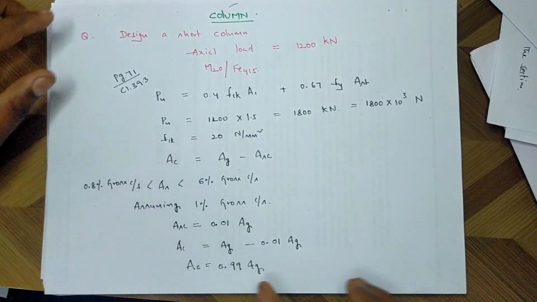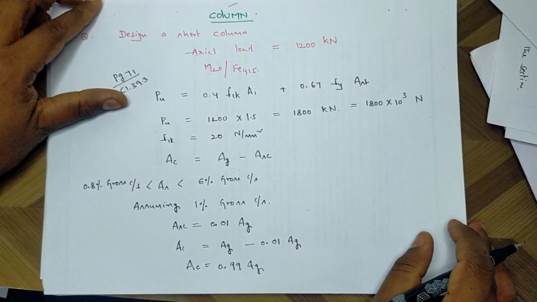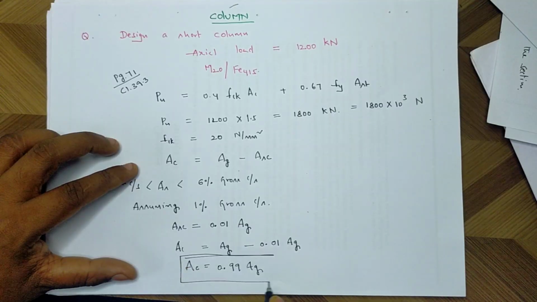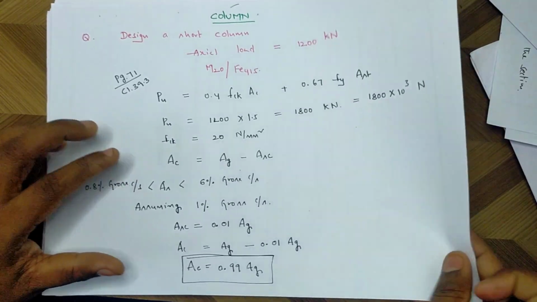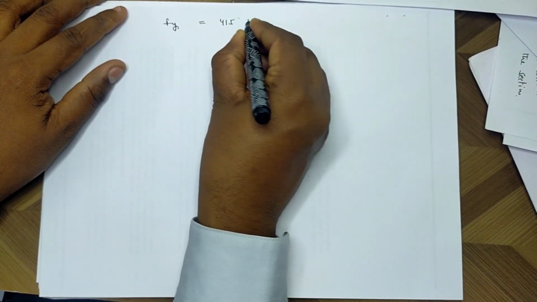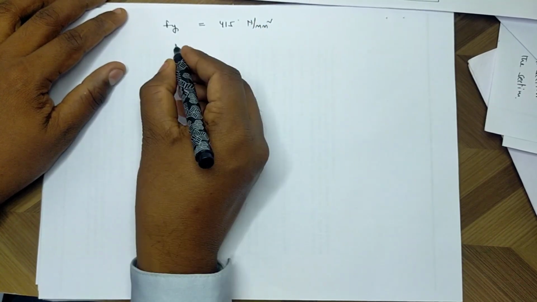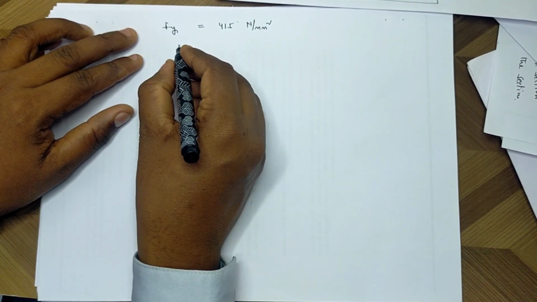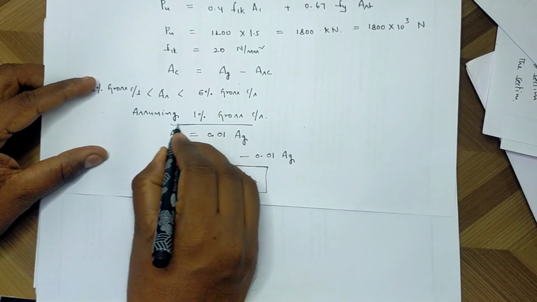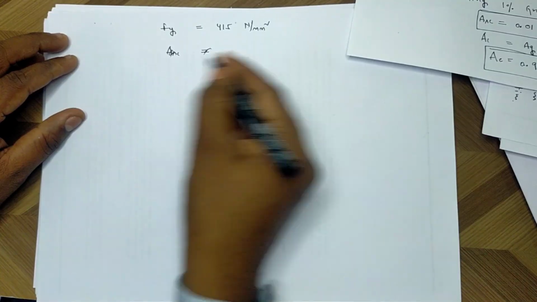Now substitute these values. fy we know is 415 Newton per mm square. Asc we know is 0.01 Ag.